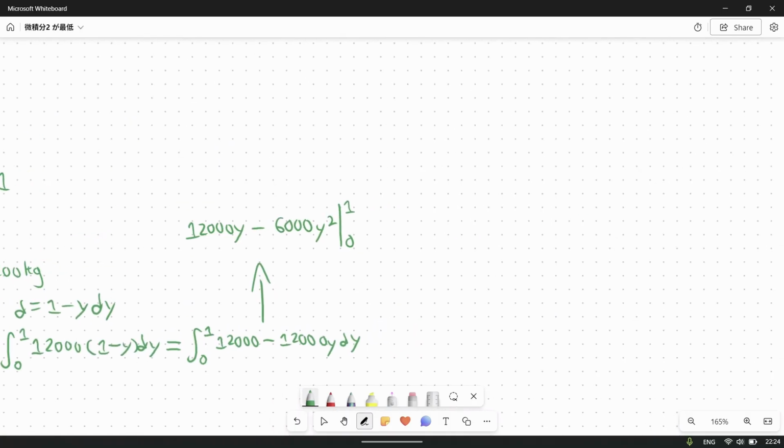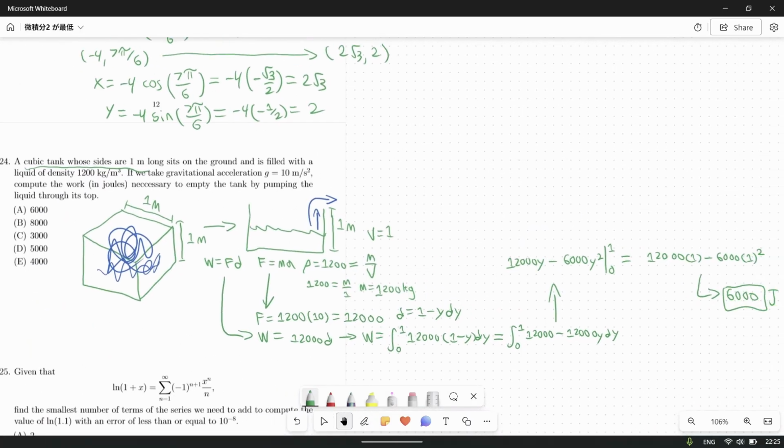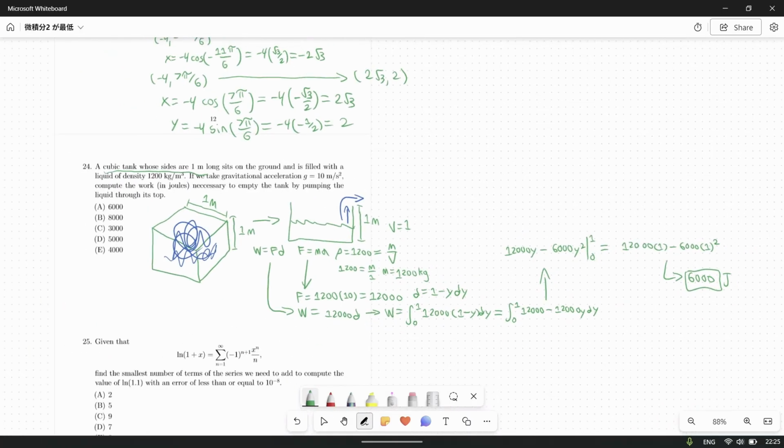Plugging in the boundaries gives 12,000 times 1 minus 6,000 times 1, and the lower boundary is 0, so it becomes a bunch of zeros. This simplifies to 12,000 minus 6,000, which equals 6,000. So this is the total amount of work needed to pump the liquid out of the tank. Matching that up with our answer choices, the answer to this question is A.